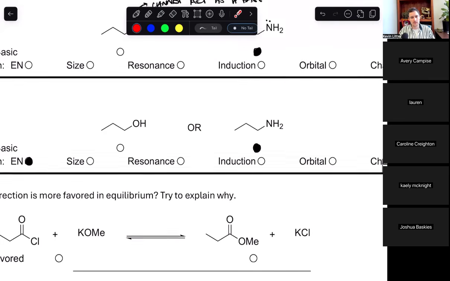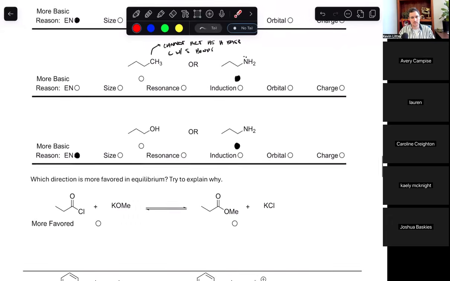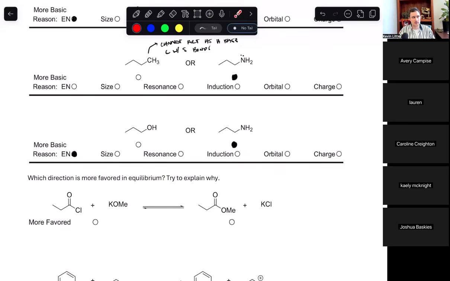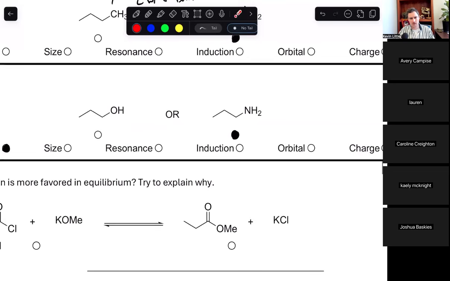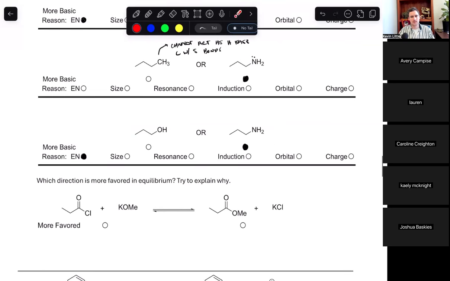I would say it's not helpful to draw the conjugate acid for bases because REO, the thing we know how to use to compare things, uses the conjugate base. We just always compare bases to each other. So if I give you the base, compare bases, follow REO. If I give you the acid, create the conjugate base so then you can compare it. That'd be the best way to do it. So REO is really best used to compare conjugate bases.